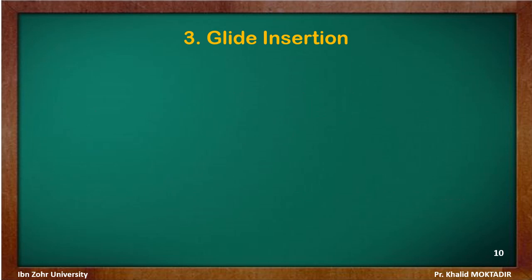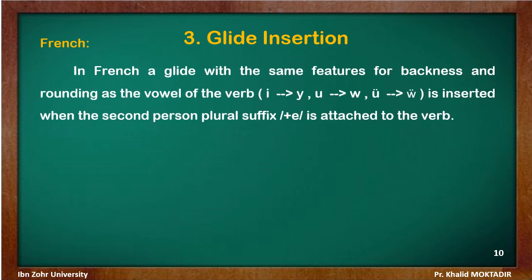A further example on this case is from French, where we have three kinds of glides which are inserted depending on the nature of the vowels that precede the glide. For example, in French, a glide with the same features for backness and rounding as the vowel of the verb is inserted.